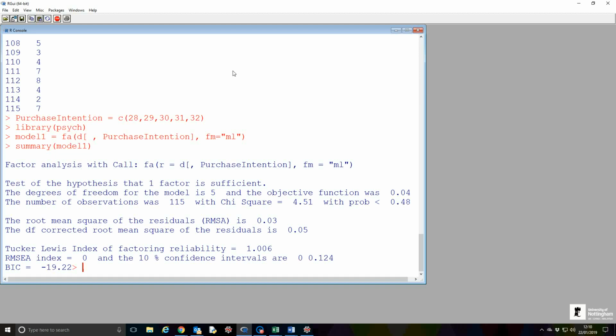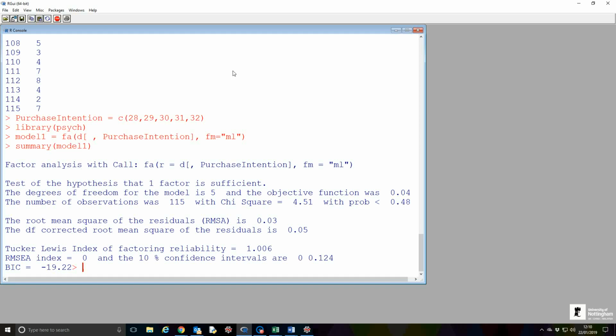Ideally, you want the RMSA to be low. What the RMSA shows us is if we create the factor according to the analysis and then compare it to our live data, how much residual variance we have left over. And obviously you want that leftover variance to be as low as possible.